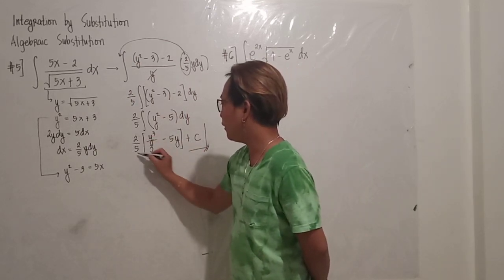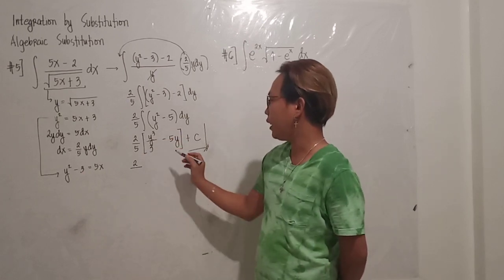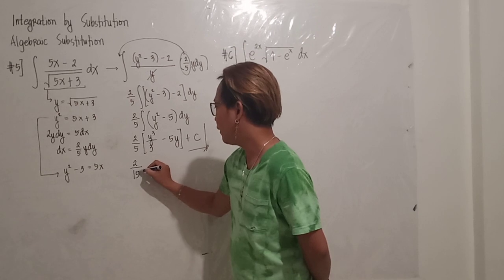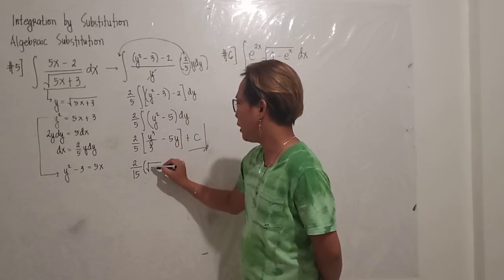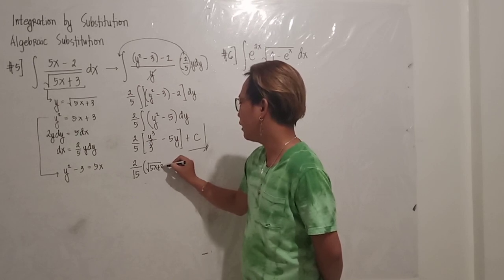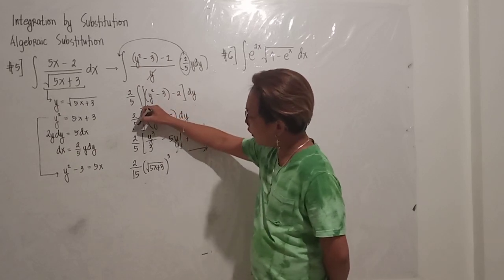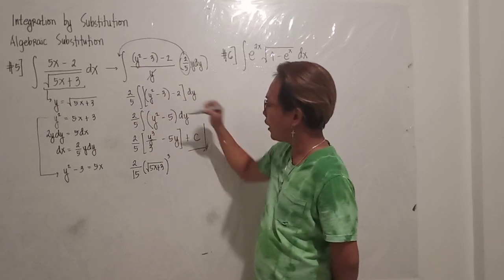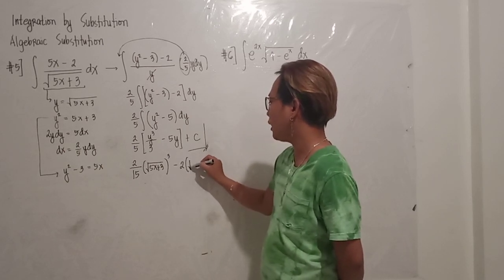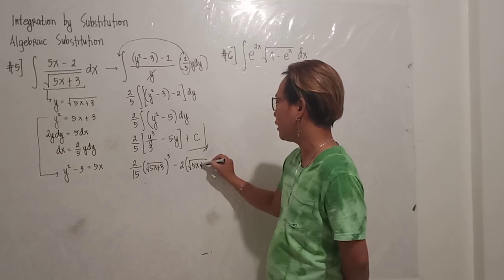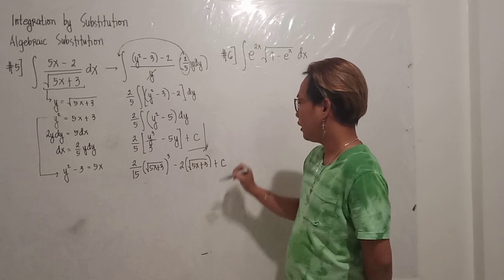So you will now have 2 over 5 multiplied by y cubed over 3, that's 2 over 15. Then the equivalent of your y is the square root of 5x plus 3 cubed. Then you have 2 over 5 multiplied to negative 5y, that's negative 2, wherein your y is the square root of 5x plus 3. So plus c.